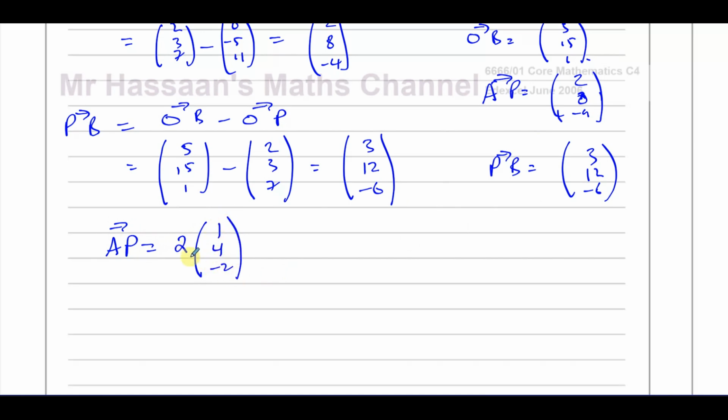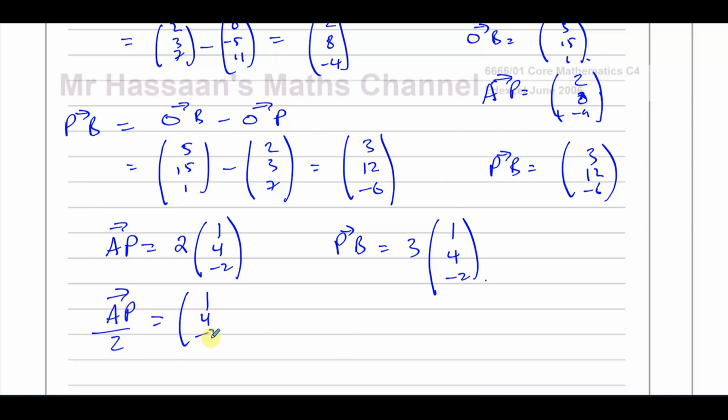That's 2, 8, minus 4, right? And P to B, if you take out the common factor, which is 3, is 3 times 1, 4, and minus 2. So you can see that they are almost the same vector. You can say A to P over 2 is equal to 1, 4, minus 2, and P to B over 3 is equal to 1, 4, minus 2.